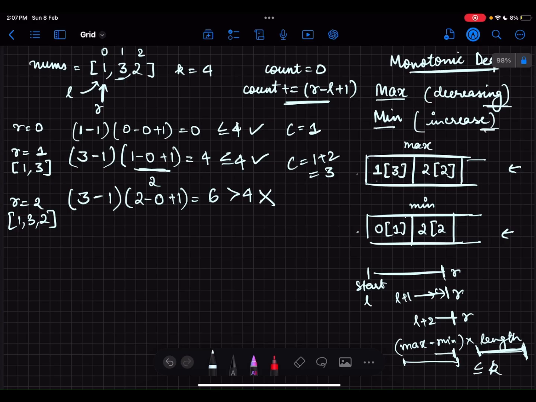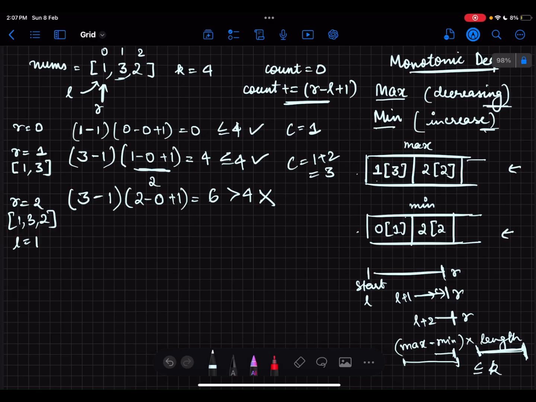Basically, now our subarray is too big, so we need to shrink it, and we shrink it from the left. So we move L to 1. Now, whenever we're moving our L, we need to check our DQs from the front. If previously L was the max or the min, we need to pop it out of our DQ.